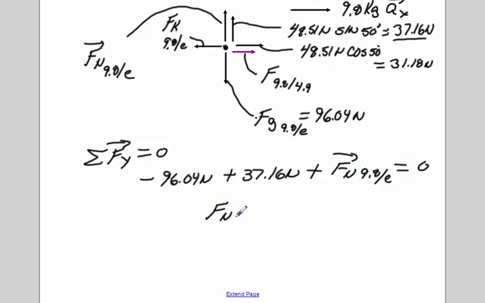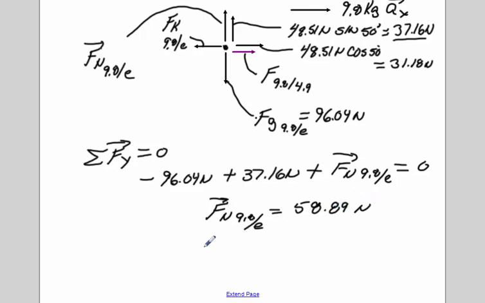My F normal, the 9.8 by the Earth, it's going to be the difference of this, and then we just negate it because we have it on that same side. So I take 96.04 minus 37.16, and that's going to give me a value of F normal. It's 58.89 newtons.